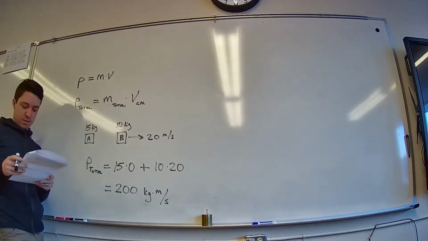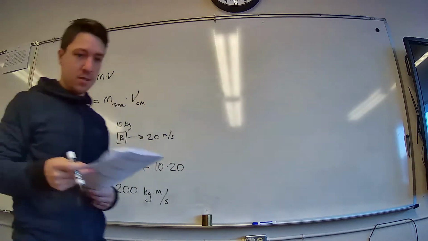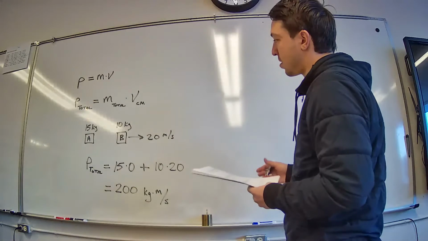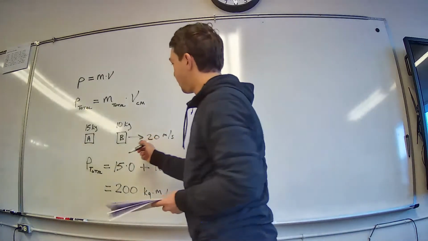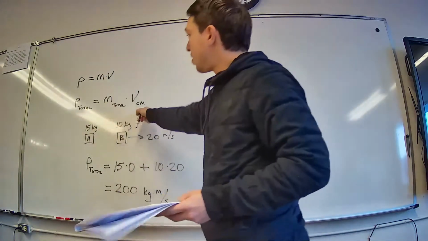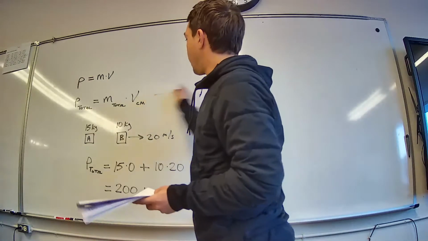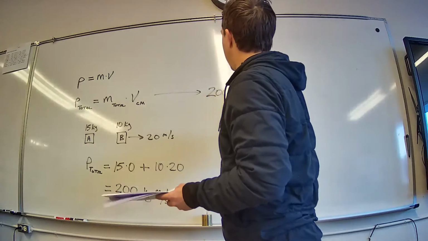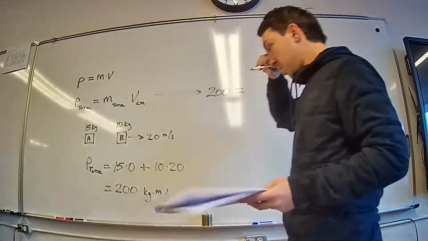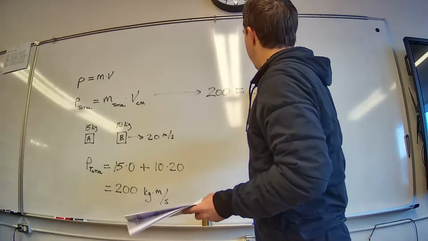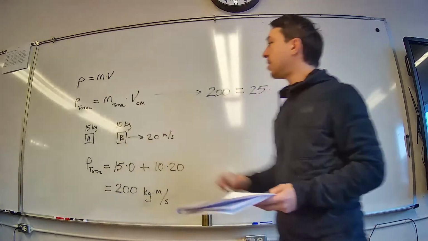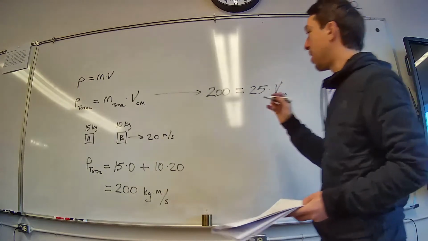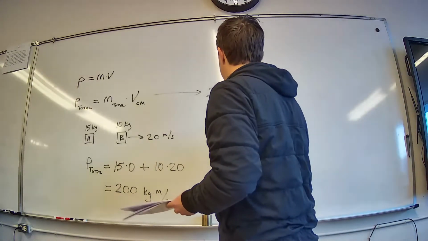So now, what's the velocity of the system's center of mass? Well, we're going to use this formula. The total momentum is 200. The total mass is 25. And the center of mass velocity is what we're solving for. It turns out it's 8 meters per second.